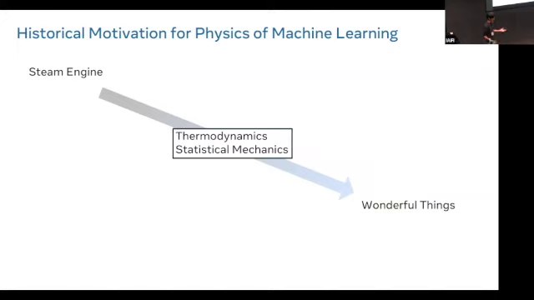But over time, thermodynamics and statistical mechanics were invented to explain what's happening in a steam engine, and that led to many more wonderful things. So right now, a few centuries later, we have deep learning, which is obviously transforming the way we live, and hopefully in a wonderful way. And the hope is that by trying to fill out the middle, we learn something new. At least that's the spirit.